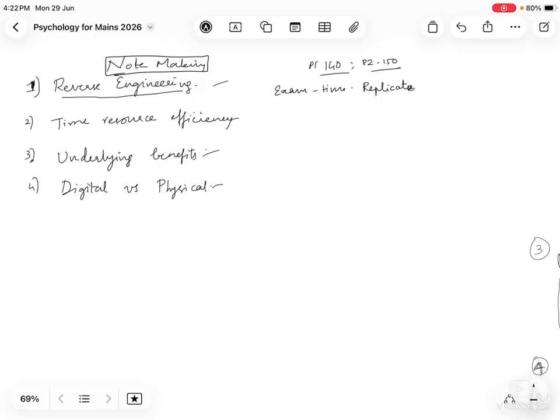So I recommend the method for this is first go through all the material. जो भी टेक्स्ट बुक्स हैं, कन्वेंशनल रेफरेंस बुक्स हैं, जैसे साइकोलॉजी के लिए NCERT 11th and 12th, Baron for paper 1, Smarak Swain for paper 2.